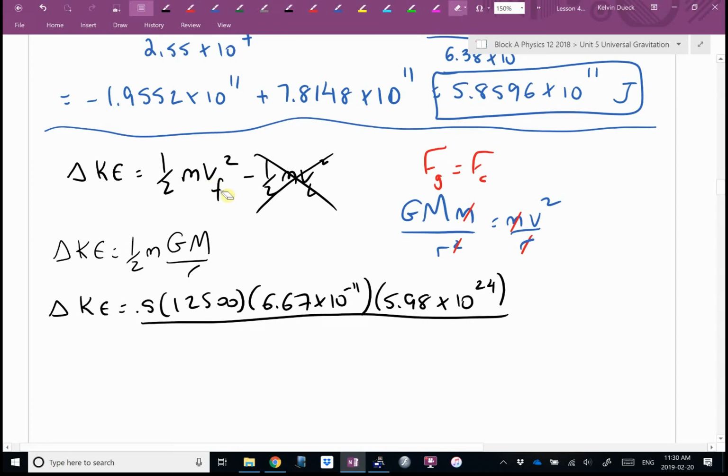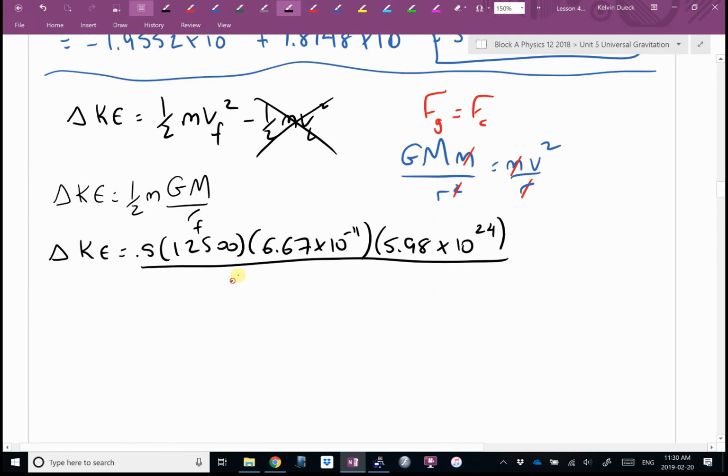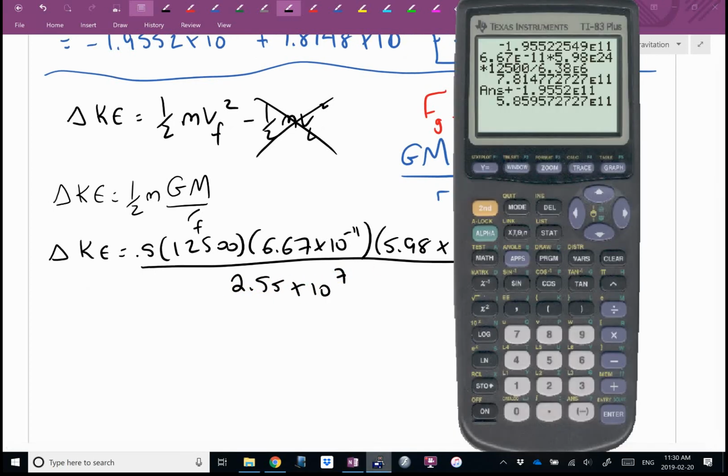If it's V final, I'll bet you it's R final. Yes, for V final. So it's going to be 2.55 times 10 to the 7th.